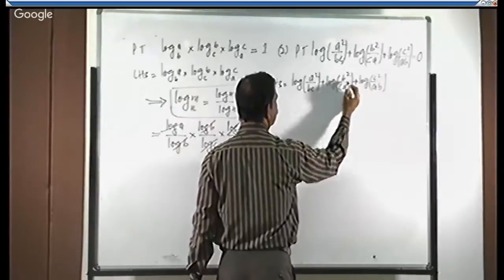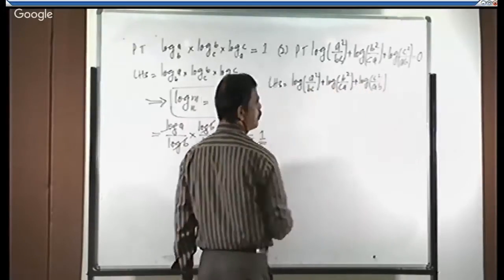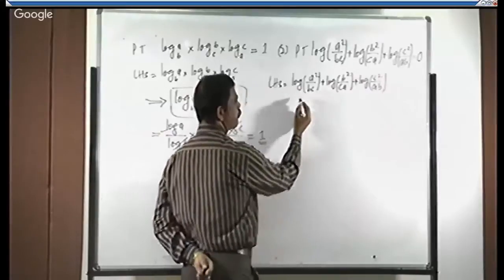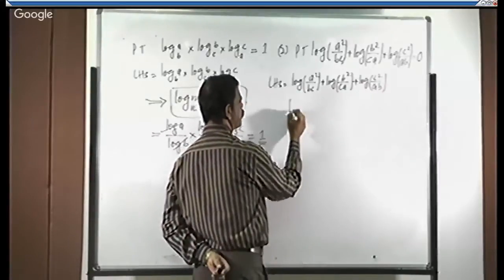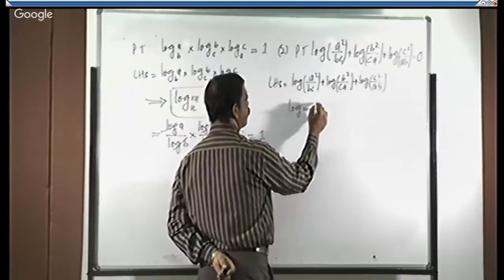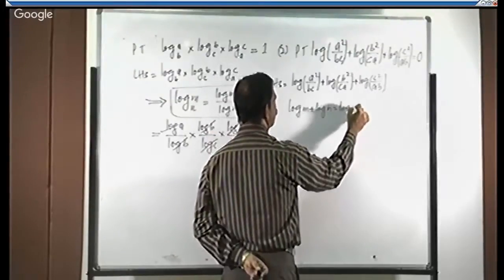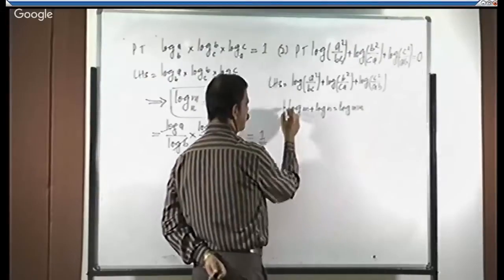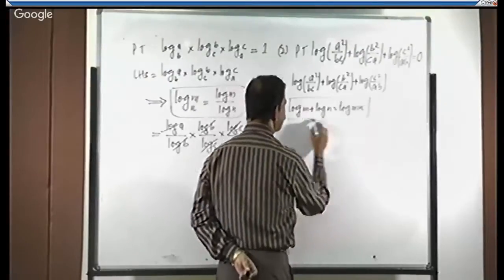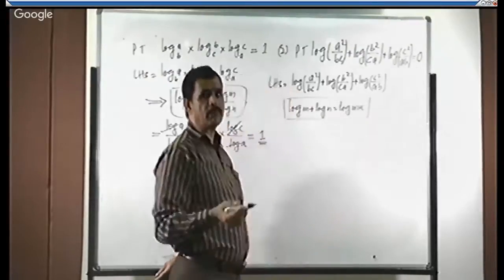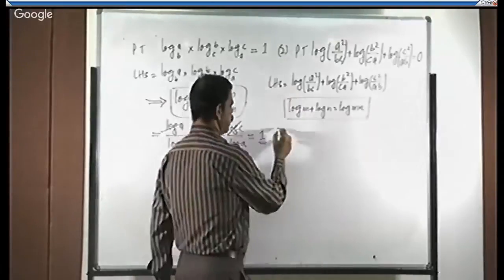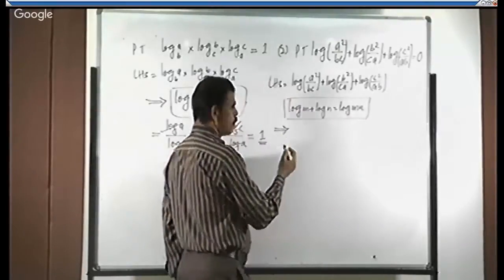All the terms are connected by what? Plus. Just remember the first law. What does the first law state? Log m plus log n is equal to what? Log of mn, right? It is only for 2 terms. So it can be extended for any number of terms.